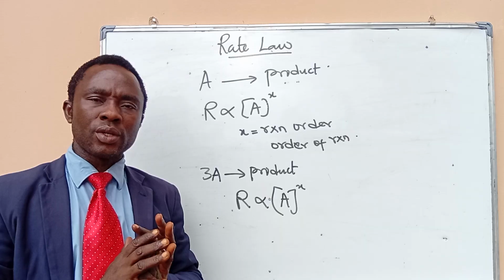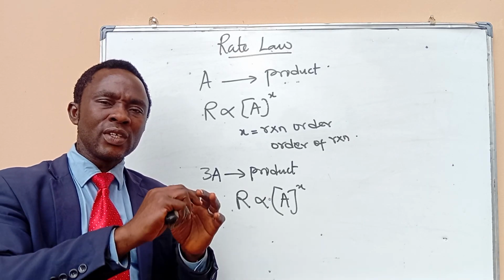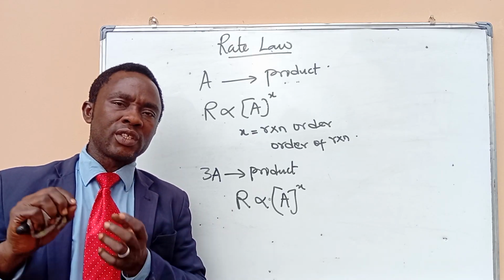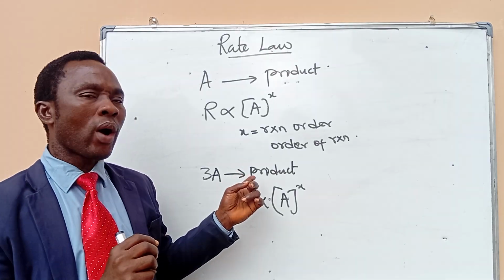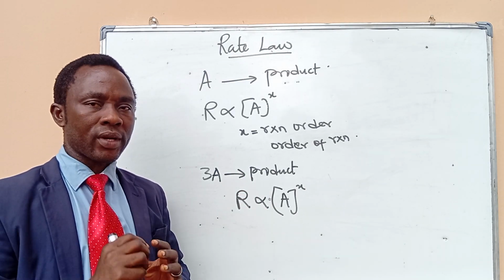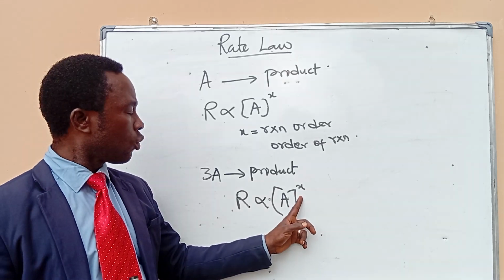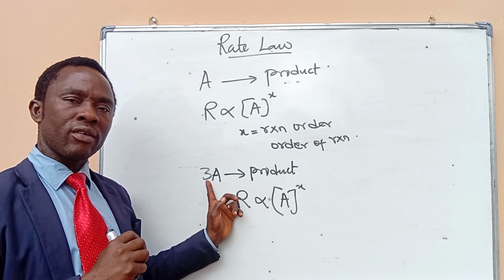Now, some reactions take several steps, so the order of the reaction is the summation of the order of each of the steps summed together. However, some reactions take only one step. For a one-step reaction, our reaction order will be equal to the stoichiometric coefficient of the reactant.